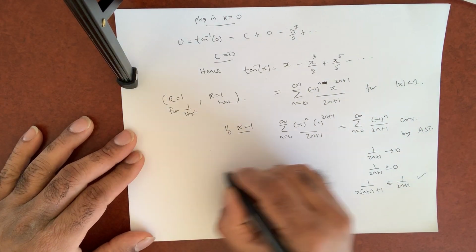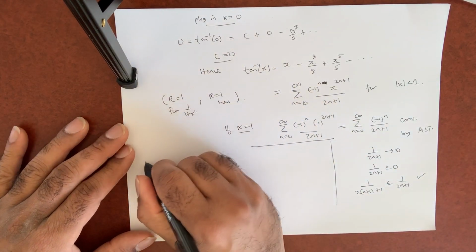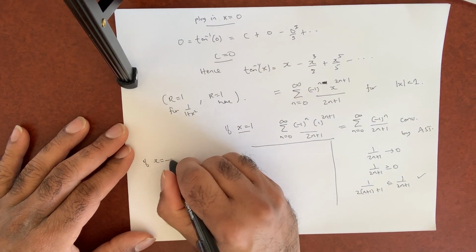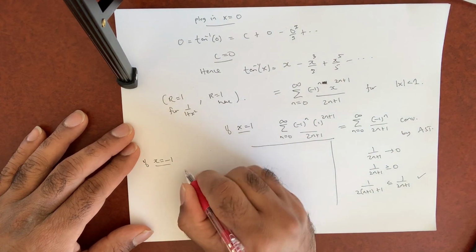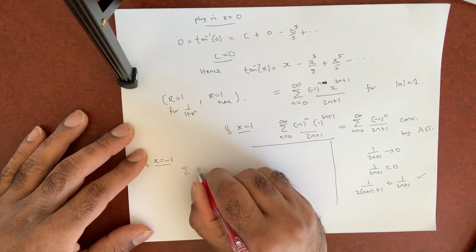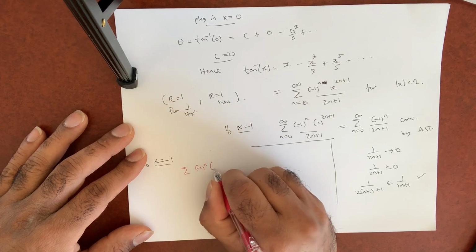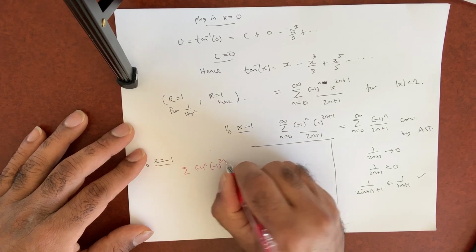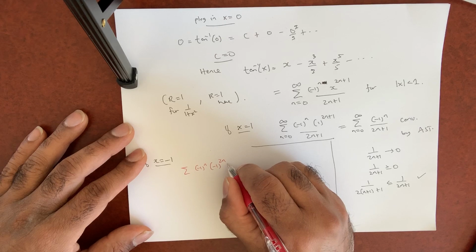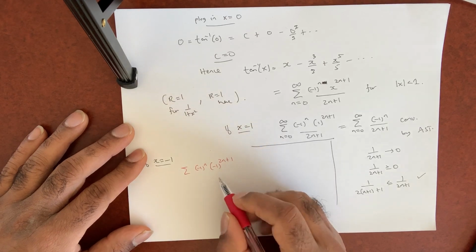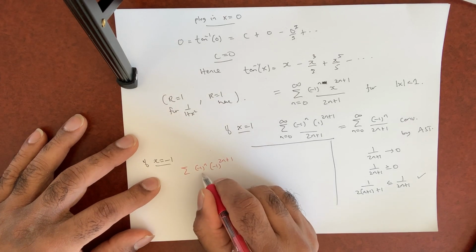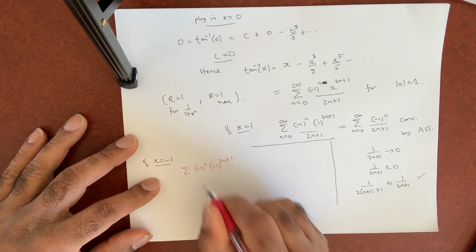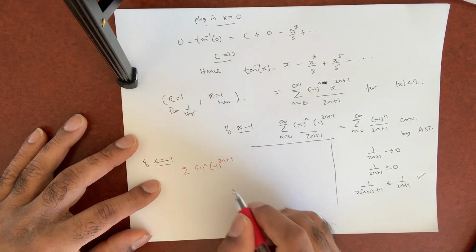And it turns out that if x equals minus 1, then what do we get? We get negative 1 to the n, negative 1 to the 2n plus 1, divided by 2n plus 1. This is always negative, right?